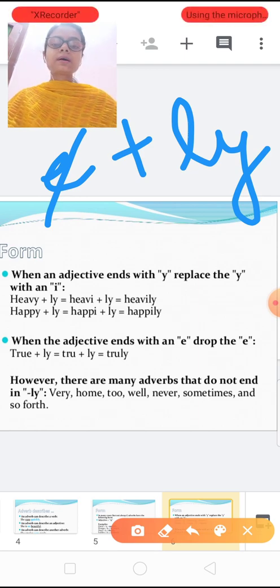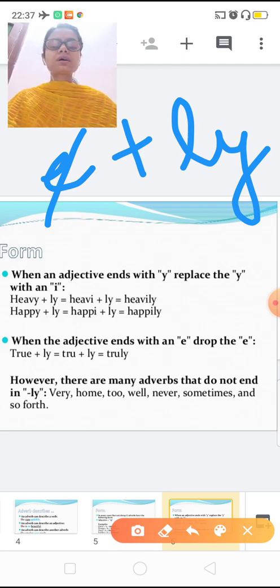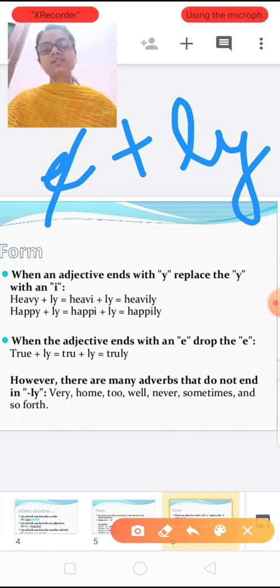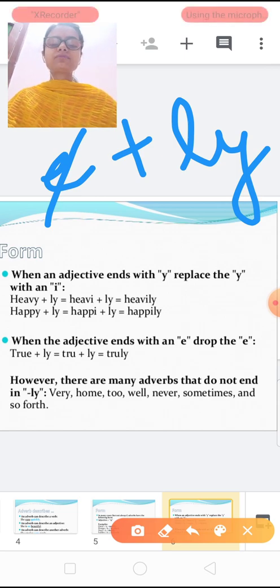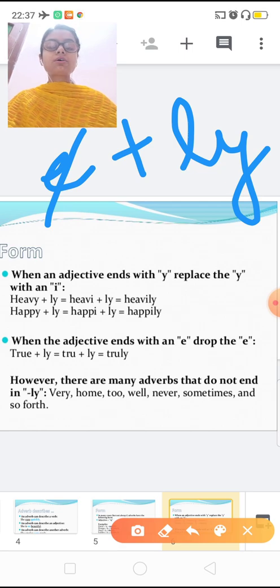Okay, students, but often we use some adverbs like very, too, well, never, sometimes and so forth, and we have different rules in grammar, so you have to see all the rules very carefully.